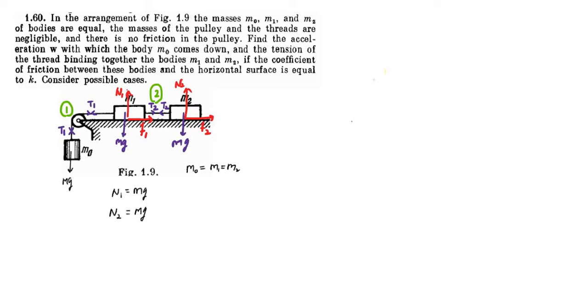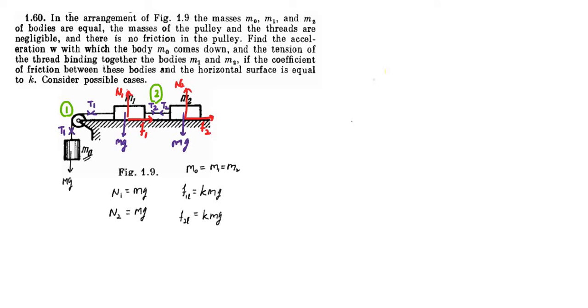We can also determine the limiting value of friction force of M1 and ground, and M2 and ground. So we can write F1 limiting is equal to K into mg, where K is the coefficient of friction, and F2 limiting is also K into mg.